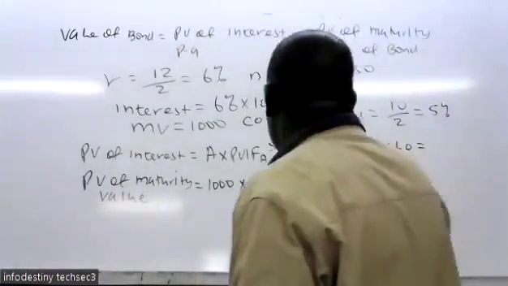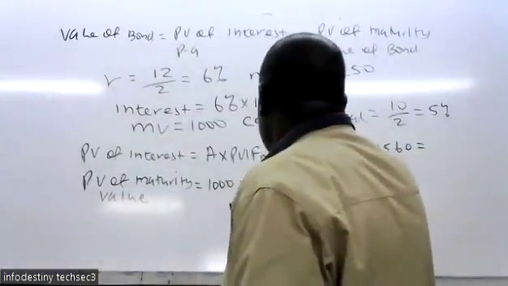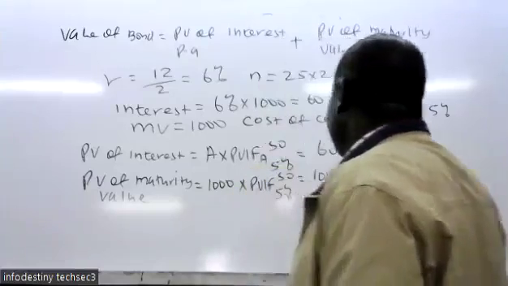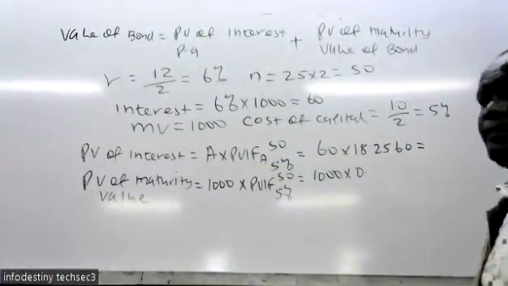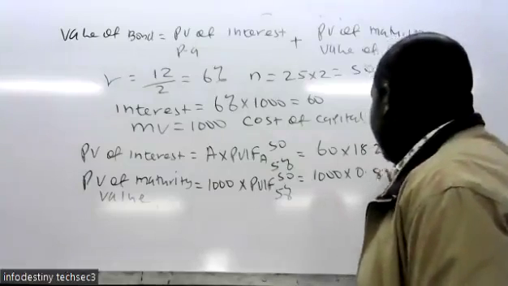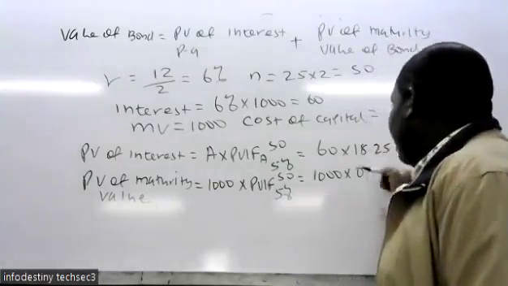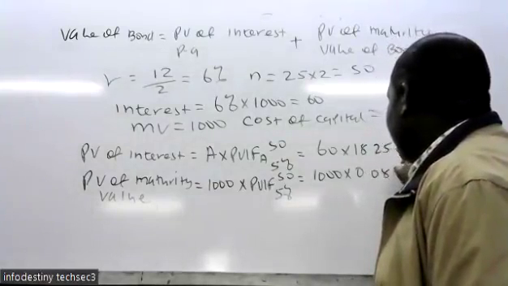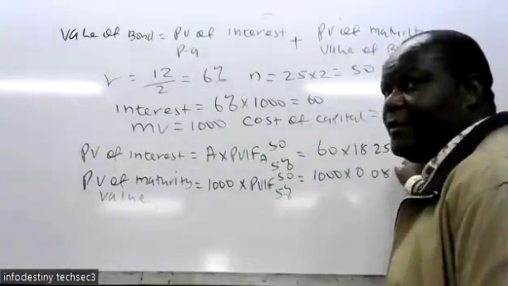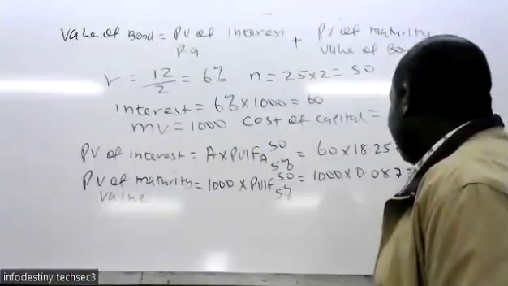So 1,000, you confirm from the first table. It should be 0.1... 0.08... 30.72.